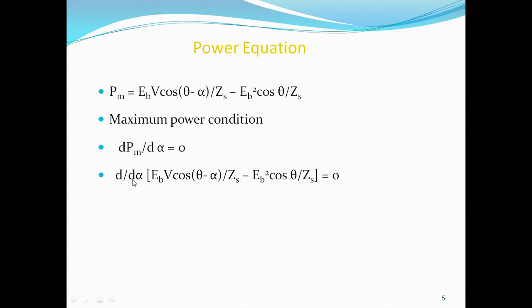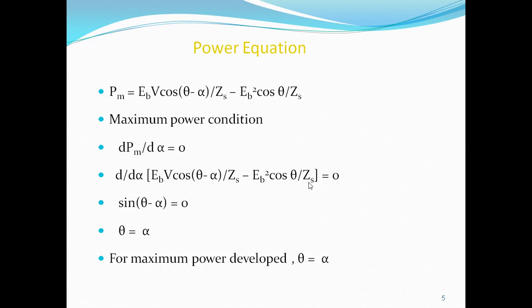So d by d alpha of Eb into V into cos theta minus alpha by Zs minus Eb square cos theta by Zs is equal to 0. If we differentiate, we will get sin theta minus alpha is equal to 0.